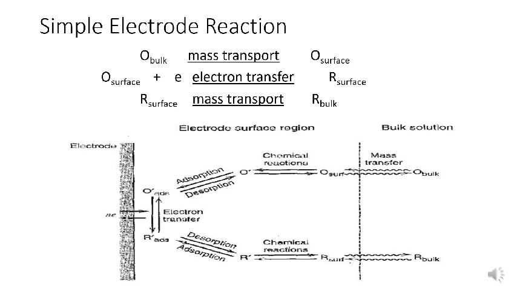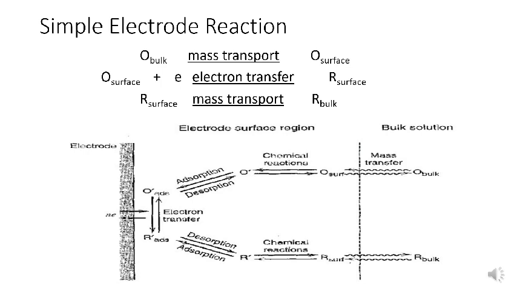This is the oxidized species at the surface, or adsorbed oxidized species at the electrode. The first step is the mass transfer mechanism. The second step is the electron transfer mechanism. So the oxidized species at the surface will receive electrons from the electrode surface, then it will undergo the electrochemical reaction. It will produce reduced species at the surface.